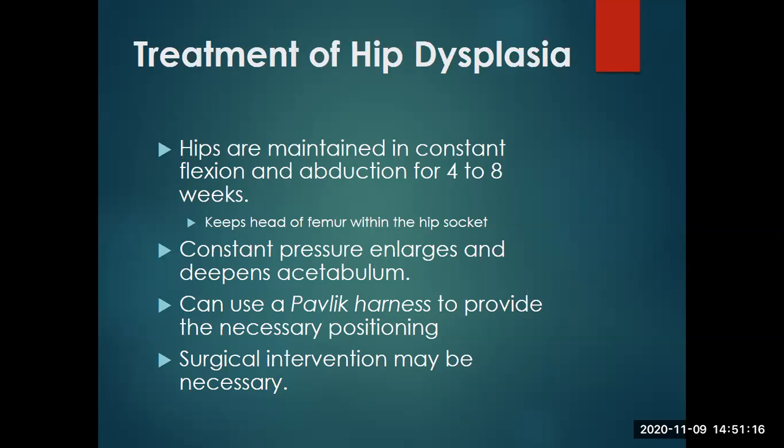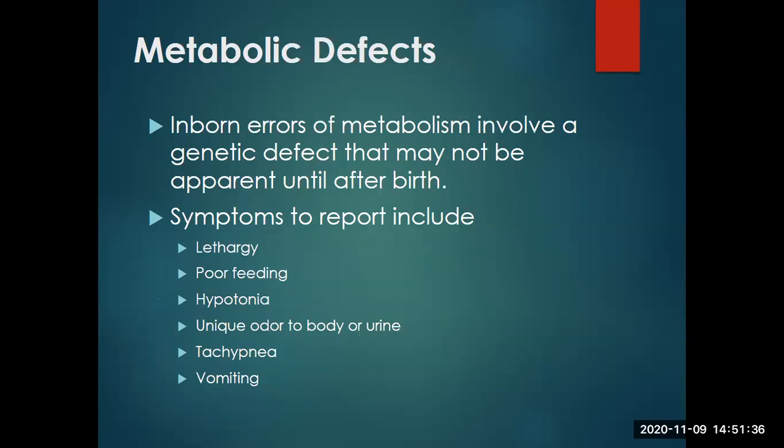So with the treatment, it's going to be immediately on detection of that dislocation, and the hips are going to be maintained in constant flexion and constant abduction for at least 4 to 8 weeks to keep the head of the femur within the hip socket. Okay. So now let's look at metabolic defects.